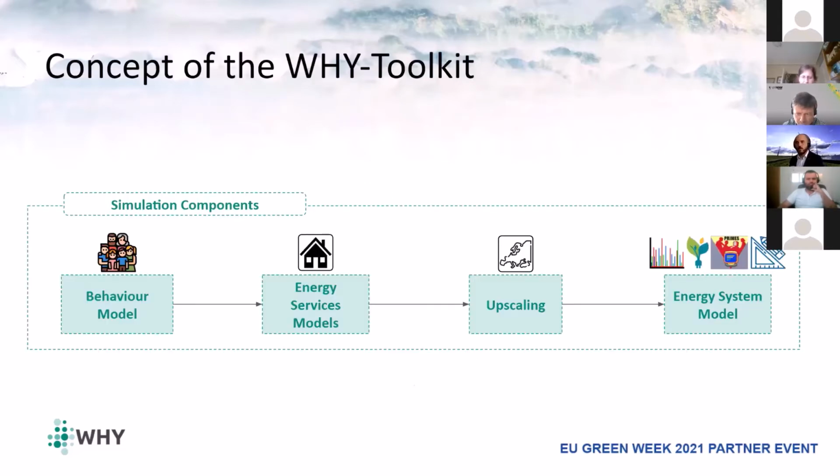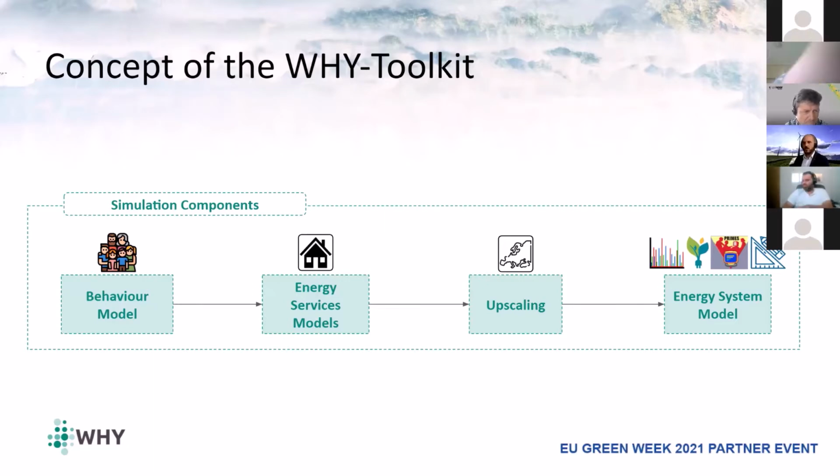So as Cruz already mentioned, the concept for the Y toolkit is that we heavily rely on behavioral models when it comes to energy consumption. So we have our behavioral model built on the causal model and the causal diagram, which produces insights for us on investment decisions of individuals and also decisions on daily actions like for transport needs, is the car used or will public transport be used?